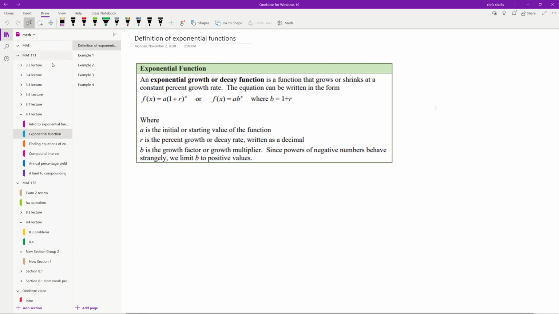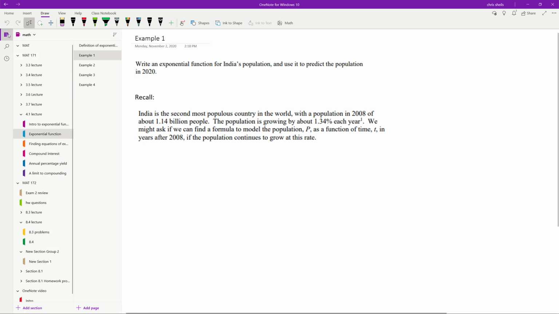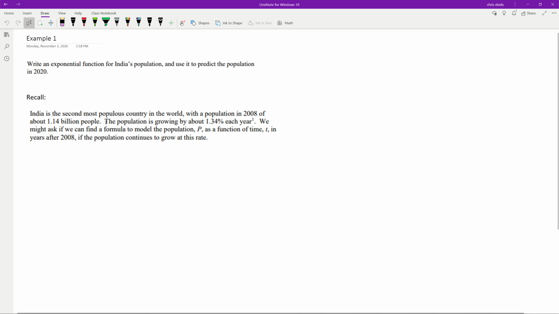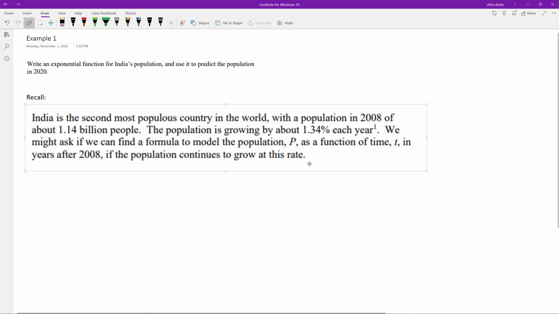So let's look at an example. Let's write an exponential function for India's population and use it to predict the population in 2020. So at the beginning of the chapter, we looked at this problem.